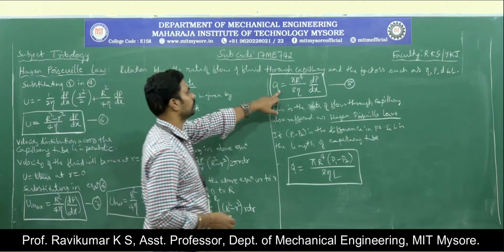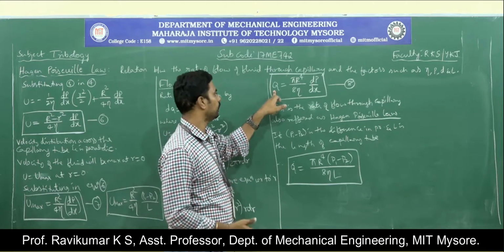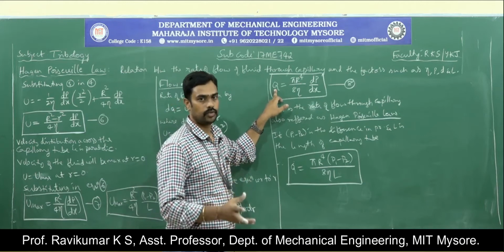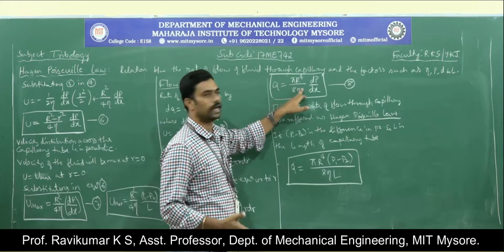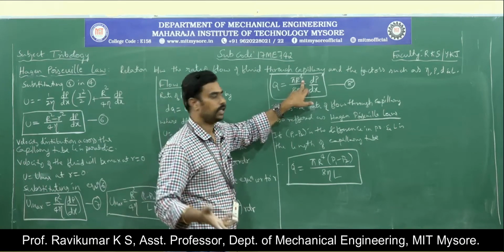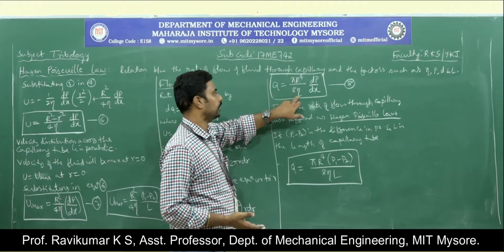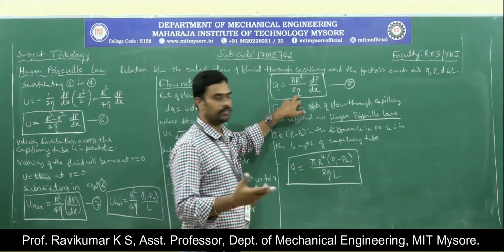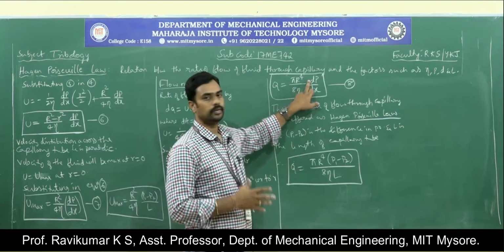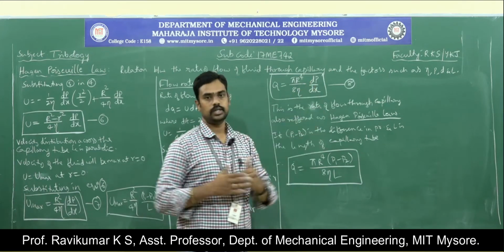Look at this. On the left hand side we have Q, the rate of flow of fluid in the capillary. On the right hand side we have R, the radius, and eta, the viscosity of the fluid. dP is the pressure difference, and dx is the length.